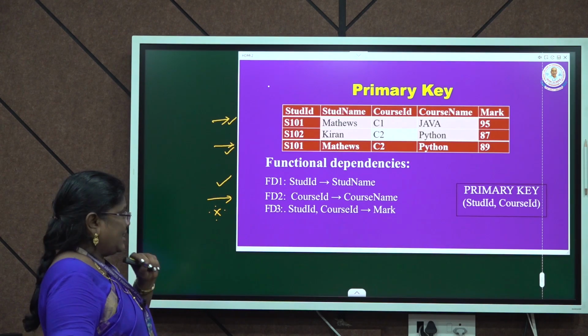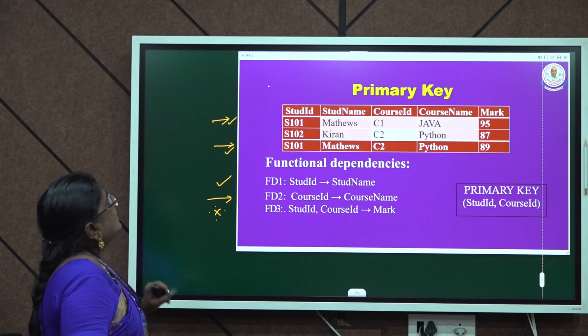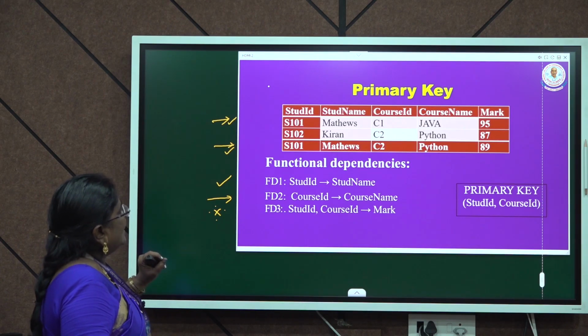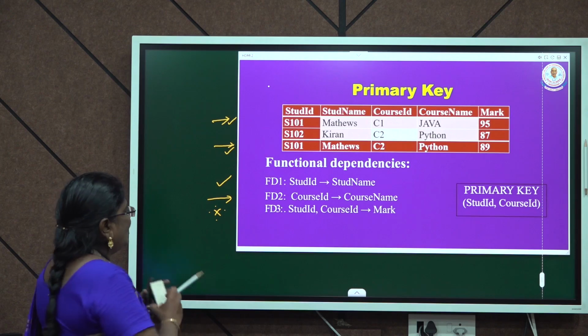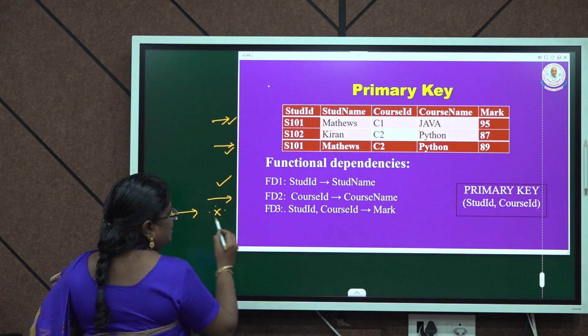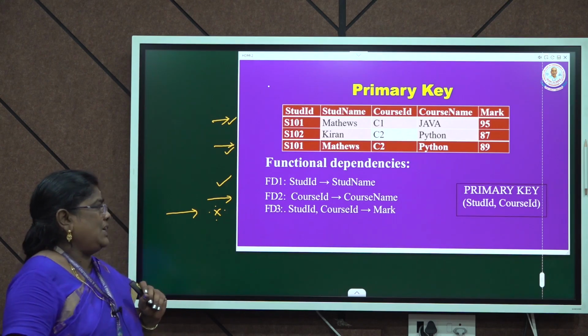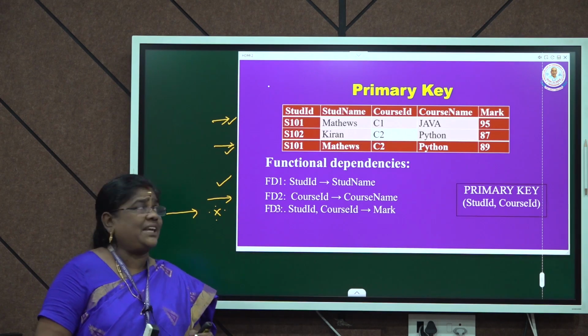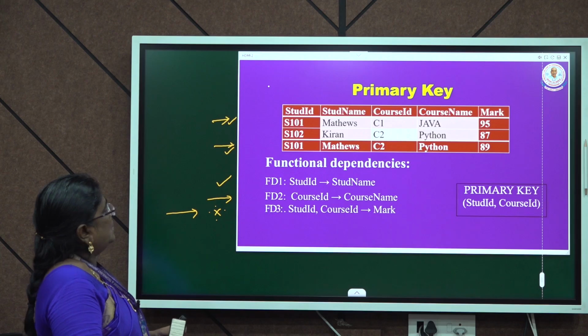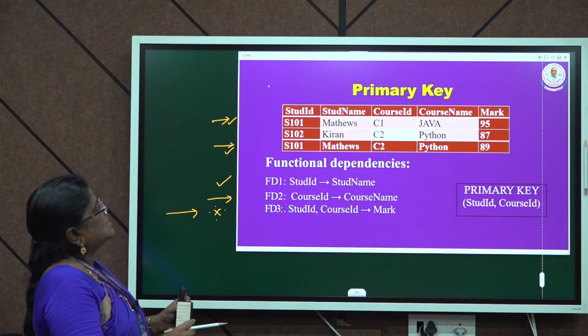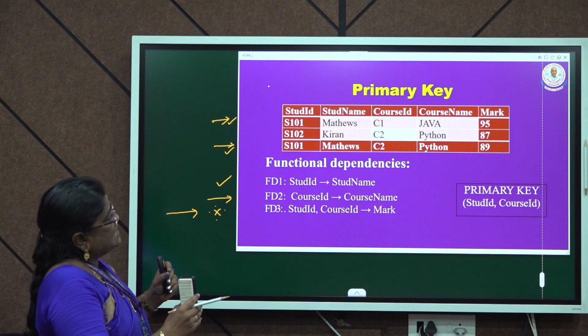So now we cannot say that the student ID is a key. When we have the combination student ID and course ID, we will be determining the mark only one time. I'll ask in a sentence, what is the mark scored by Matthews in the Java course?